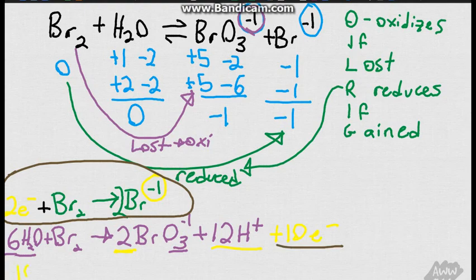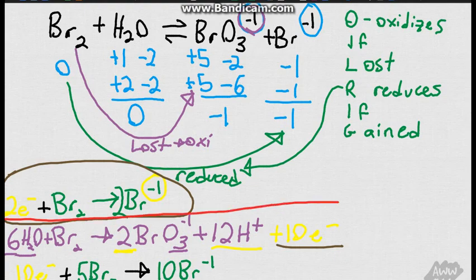And that will give us 10 electrons plus 5 Br2s plus, now 5 times 2Br minus 1 is going to be 10Br, and each one has a -1 charge. Okay, so this is essentially what we have been trying to work towards to get right here.